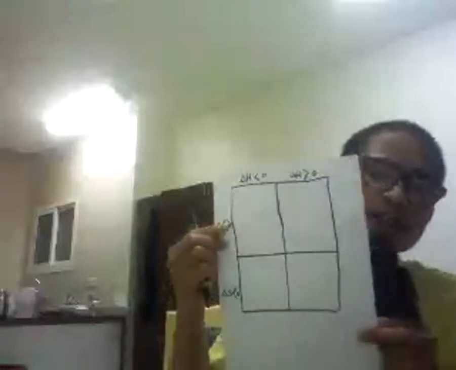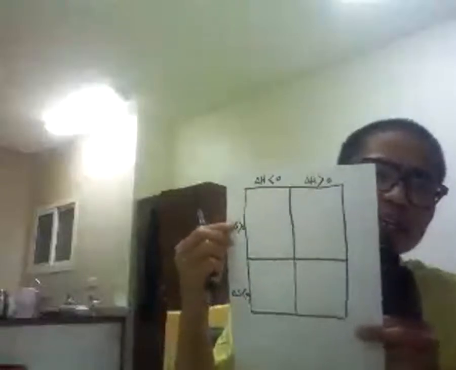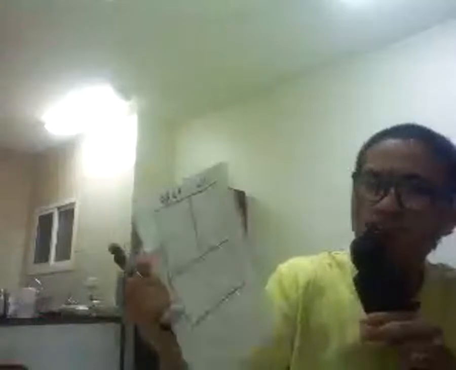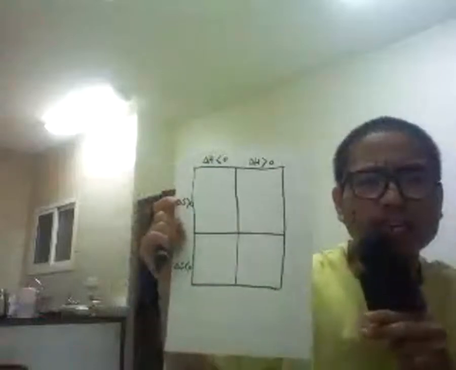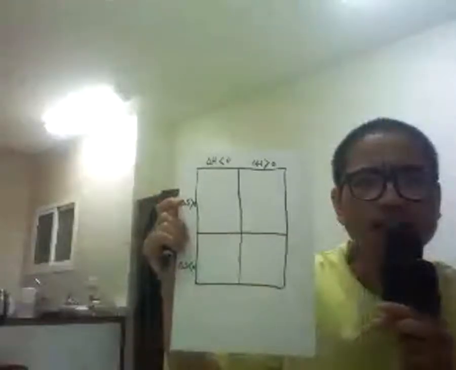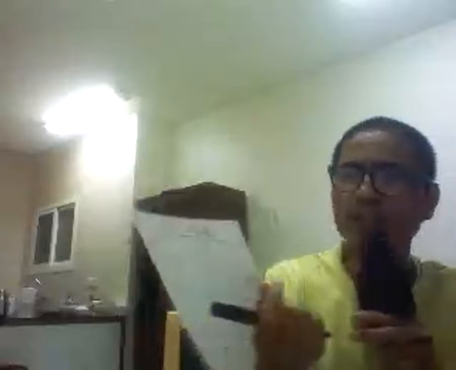Now let's put whether the process is spontaneous or non-spontaneous. For change in enthalpy less than zero or negative, with entropy greater than zero, is it spontaneous or not spontaneous? How do we know this? Let's solve for the delta G to confirm.